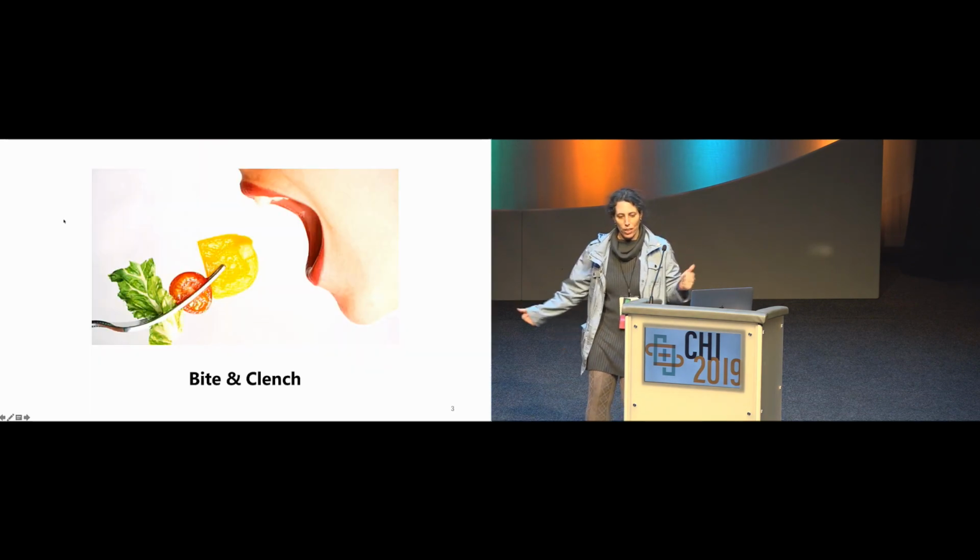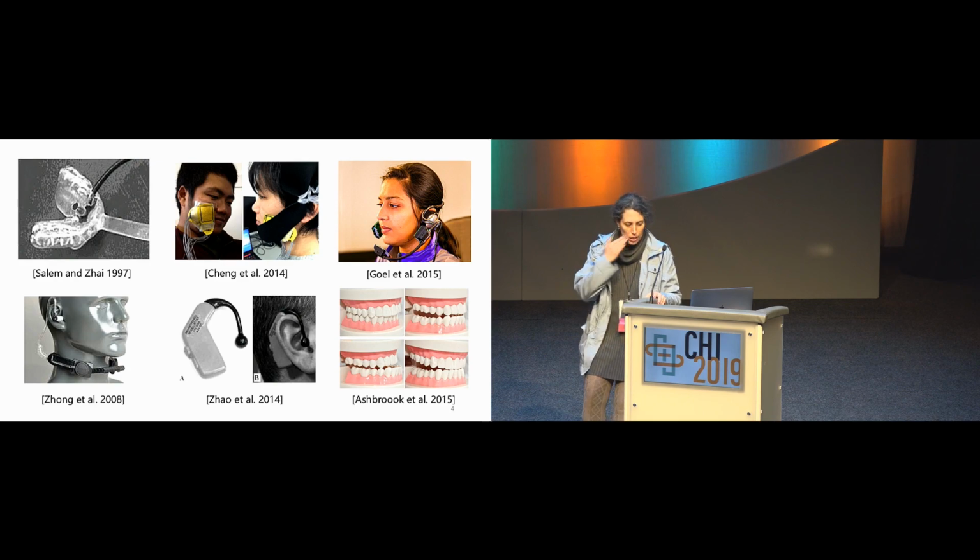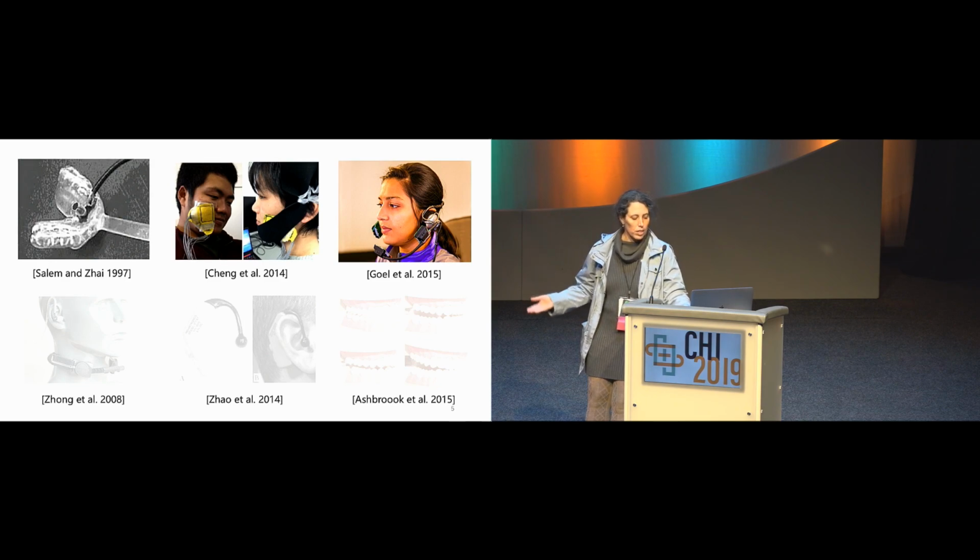Good. Well, so in actuality, I think I could probably skip this slide because we just saw such a wonderful motivation for why bite interaction is something we might want to consider. But I do want to just sort of touch on some of the previous work that's been done in this realm. So what you see here are some examples of tongue and jaw-based input.